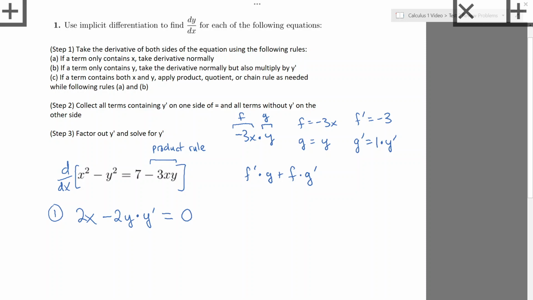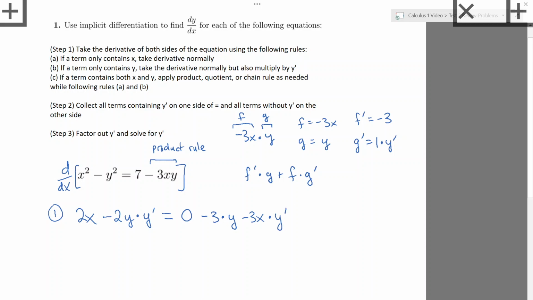Okay, so now I'll write it out down here. Right, so f prime is minus 3, and then times g, which is y, plus f, which is minus 3x, times g prime, which is 1 times y prime, which is just y prime.